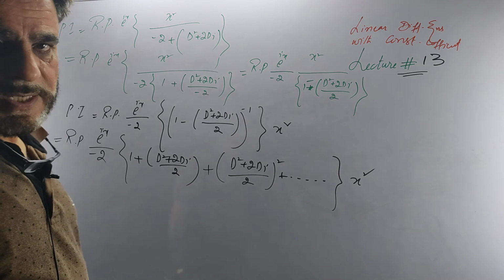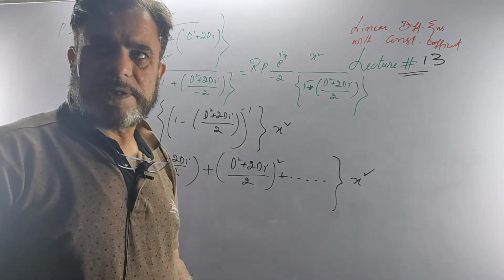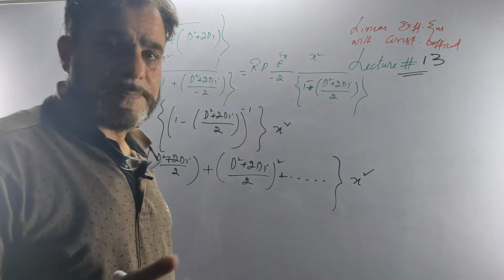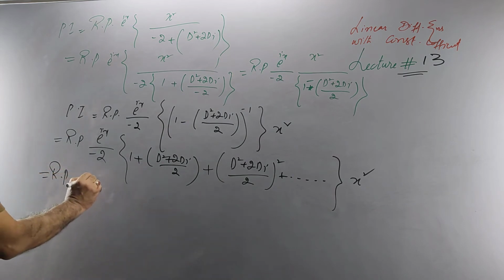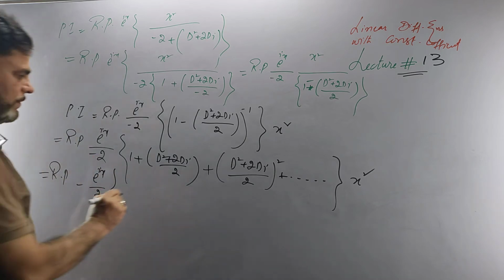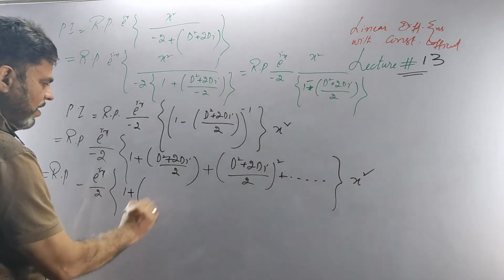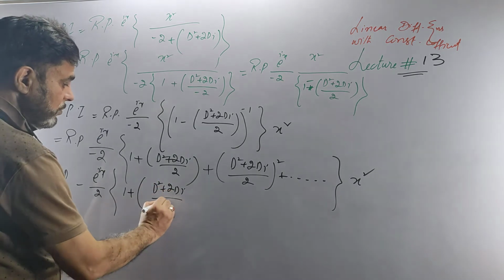I have given you the description. When we have x raised power m, we open it by binomial theorem up to powers of D raised to power m. You know it. Well, this is equal to a real part of minus e raised power iota x by 2 into 1 plus D square plus 2D iota by 2.